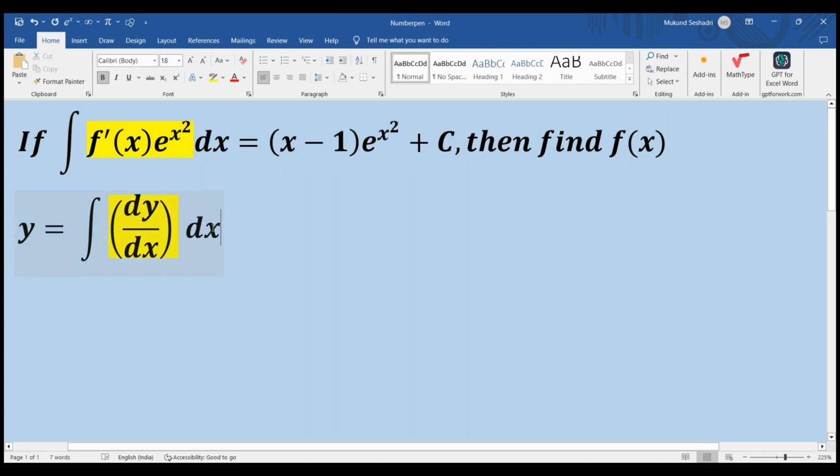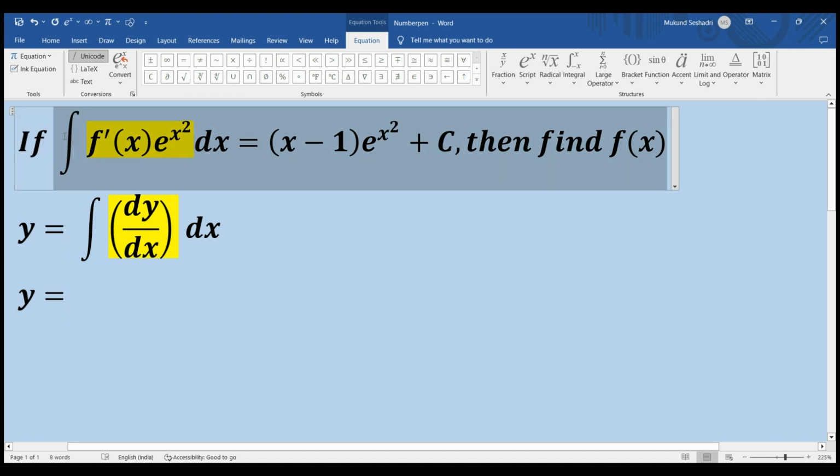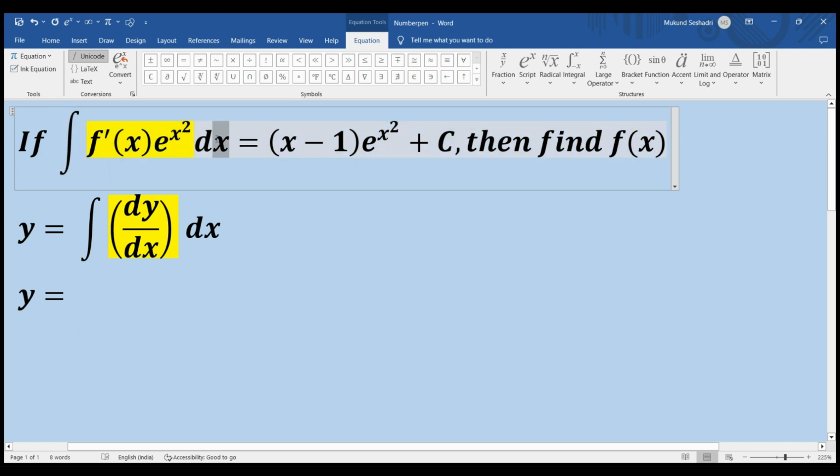So now if I treat my y as the given expression, which is nothing but the integral of f dashed of x times e to the power x square dx, then what is my dy by dx? So let's write that down first.